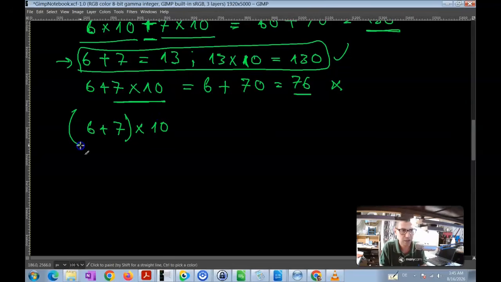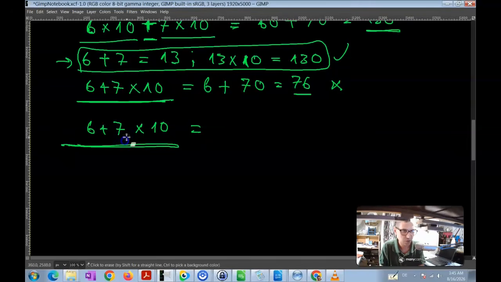If I put a bracket over here, then this becomes this expression. Now this expression is exactly the same as this expression, except that you have these brackets over here, right?